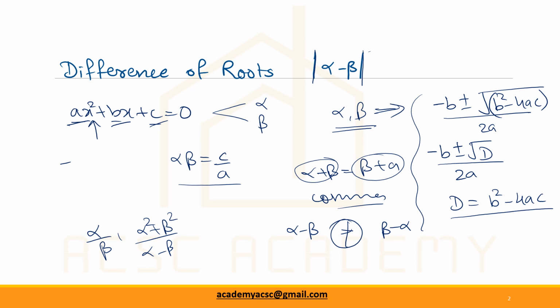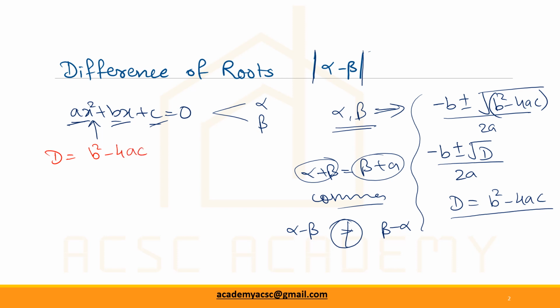For example, let us analyze it over here. We already know that d is this particular expression, b squared minus 4ac. So now there are multiple cases. You can have d greater than 0, d equal to 0, and d less than 0.